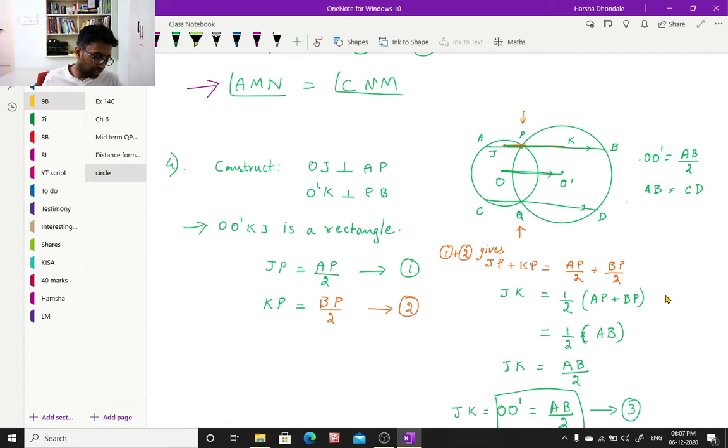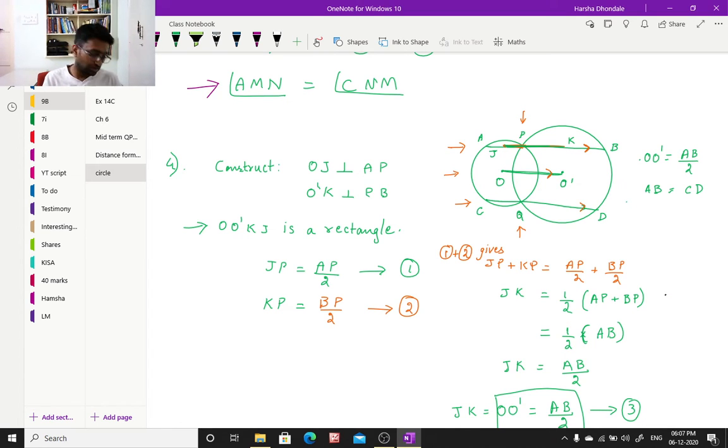APB and CQD are straight lines and they are parallel to OO dash, which is indicated by this arrow mark.